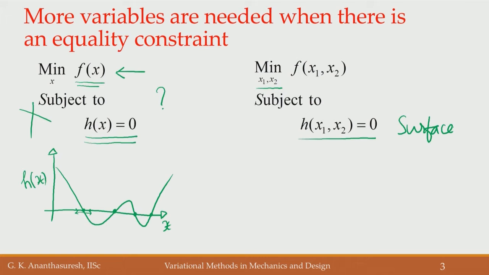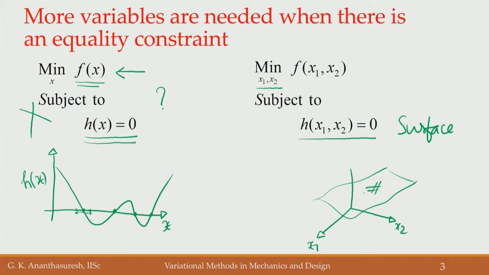Let us imagine we have two axes, x1 and x2. Now, h of x1, x2 will be some kind of a surface, and this surface has to be equal to 0. So, this surface is going to intersect this plane where x1, x2 will be some values.